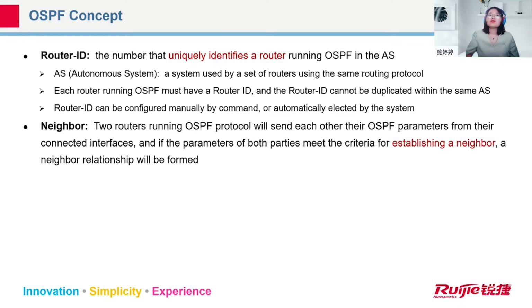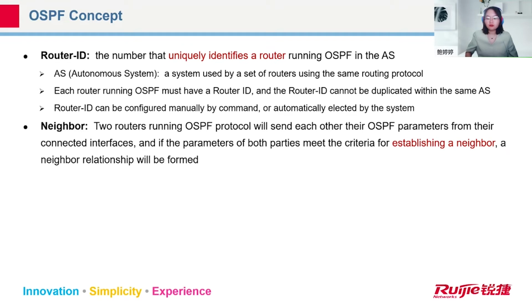The second one is the neighbor relationship. Two routers run the OSPF protocol and then send out hello packets. If the parameters can be negotiated successfully, we can establish the neighbor relationship. And you can check the neighbor information in your neighbor table.